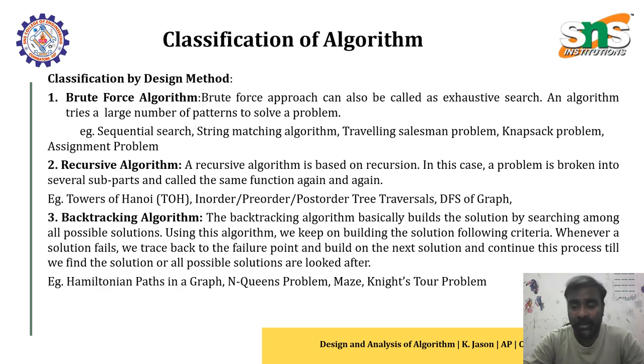This is called backtracking. You just move forward, and if there is no path, you come back and choose another path. Here also there is no path, so once again come back. This is called backtracking. So first one is brute force, second is recursive, and third is backtracking.